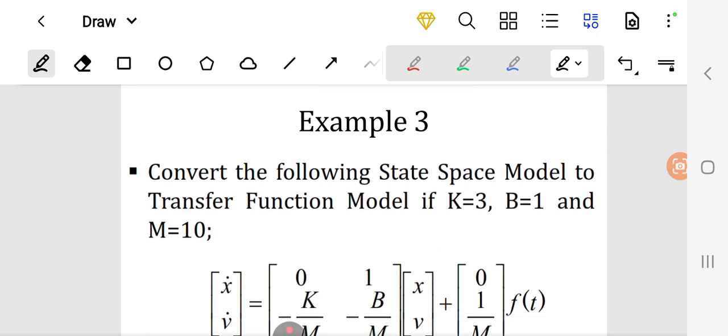Let's see an example. Convert the following state space model to a transfer function. Take k equals 3, b equals 1, and m equals 10.